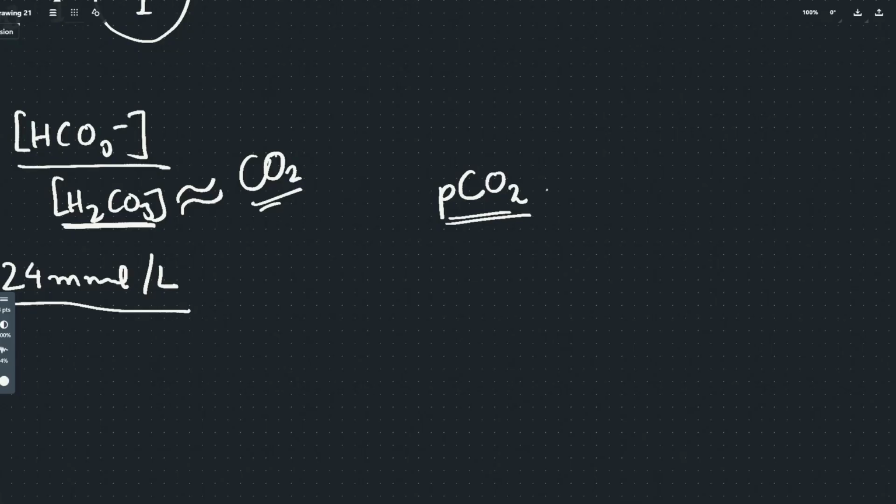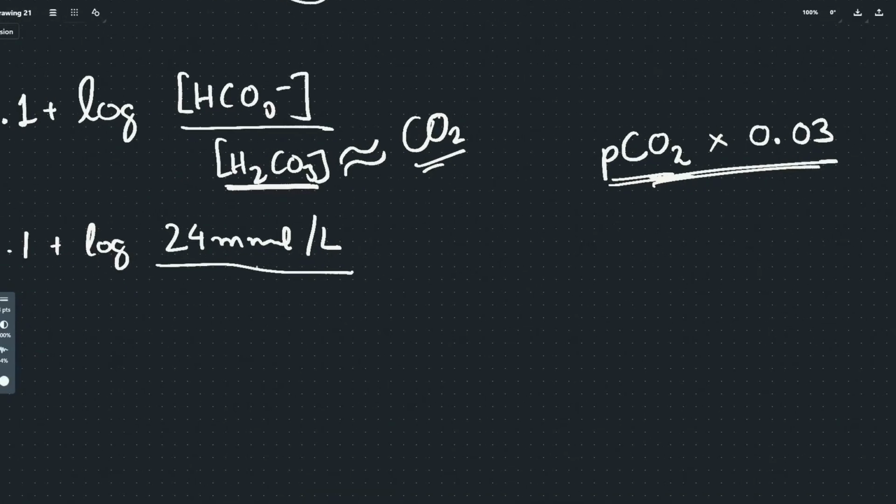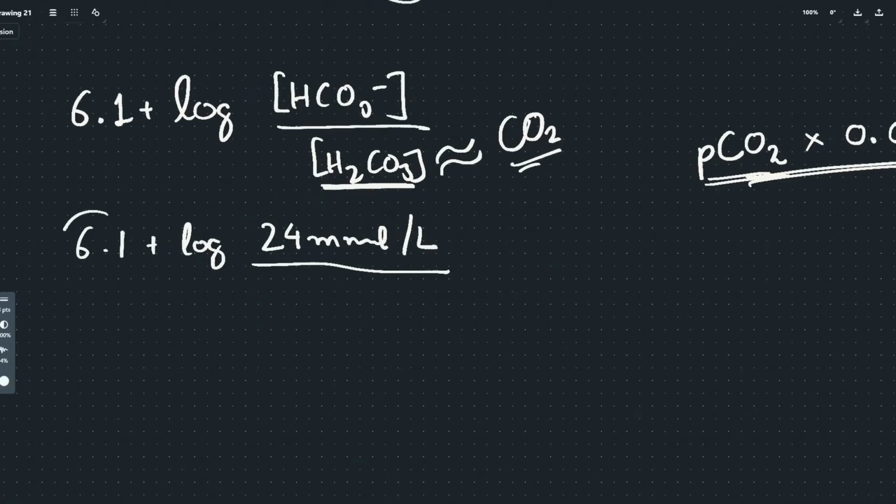Now, if we multiply the partial pressure with the solubility coefficient, which is 0.03, we can almost get the value of H2CO3, but it is not the precise value. We tweak it to get the value precise, but I do not want to go into that. That's a very complicated thing.